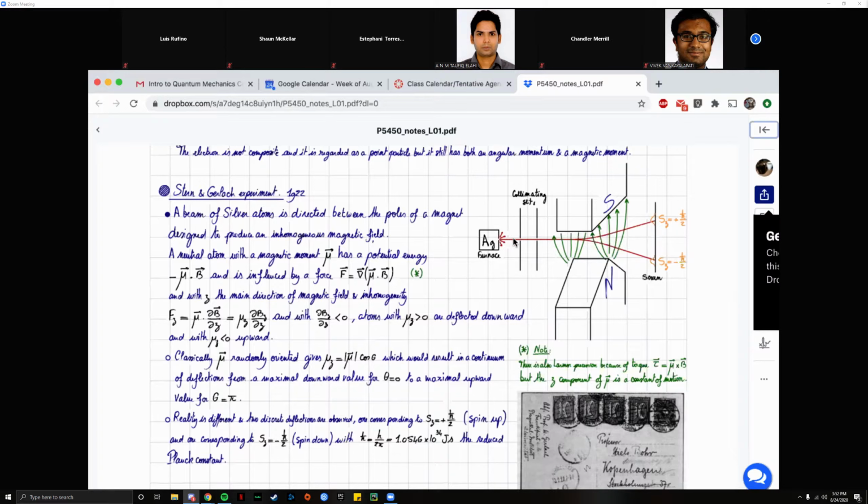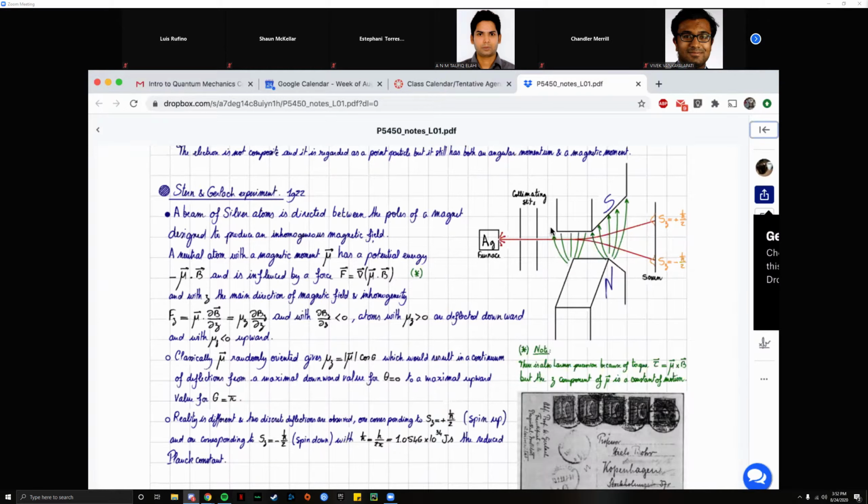And associated with this angular momentum, there is a magnetic moment. The magnetic moment is set by the spin, the angular momentum of the atom, multiplied by some gyromagnetic ratio, which I don't even know exactly what it is in this case, but it must be the gyromagnetic ratio of 1 electron.